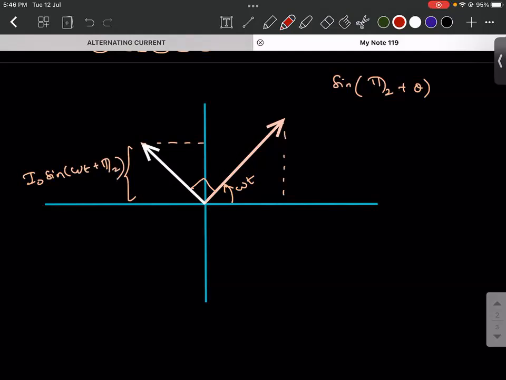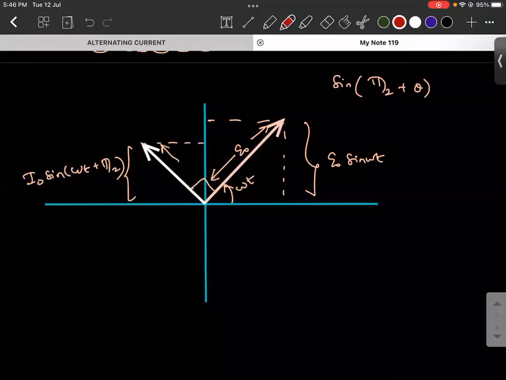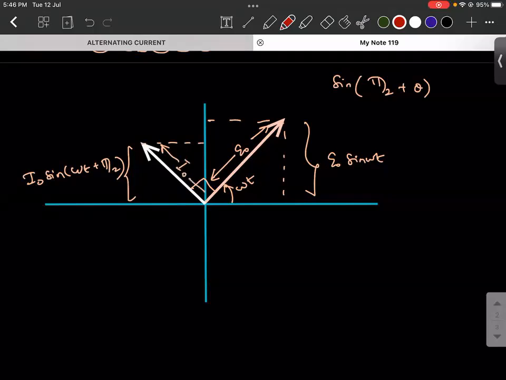And from here, if you drop a perpendicular, this height is E naught sine omega t. This is E naught and this is I naught.